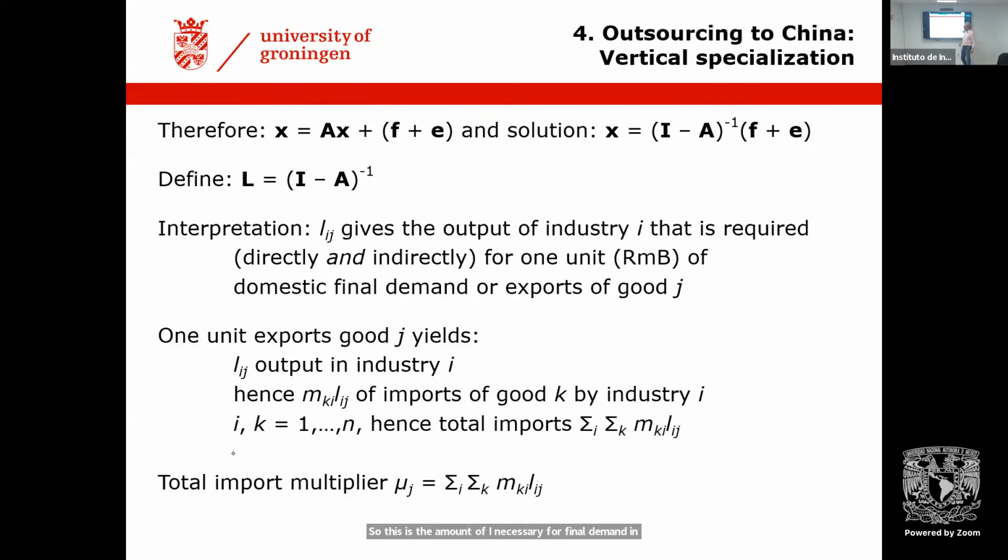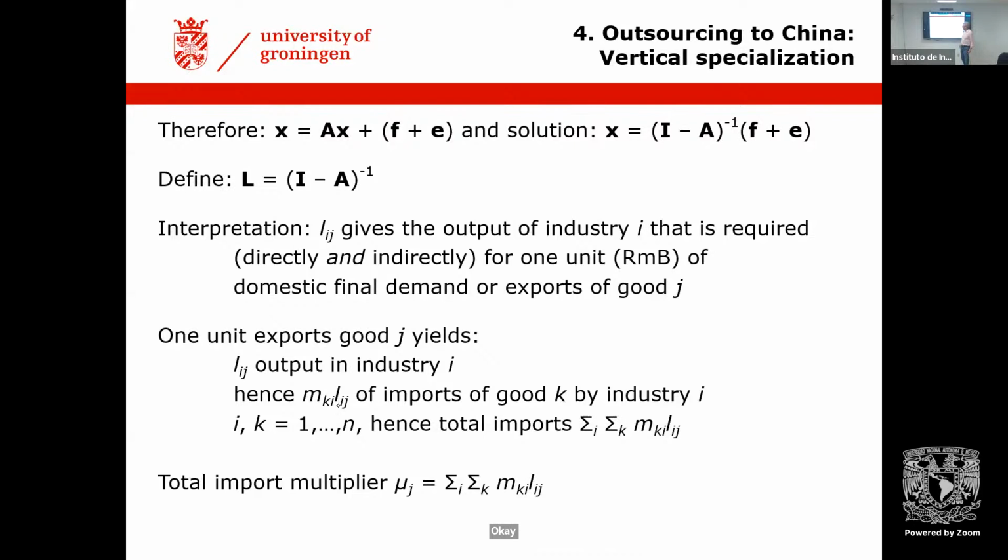So imports are m_ki. If L_ij gives the output in industry i, then m_ki times L_ij tells you the imports of good k that go into industry i that is necessary for the final product j. So the imports of good k by industry i, all necessary for 1 unit of final demand j.